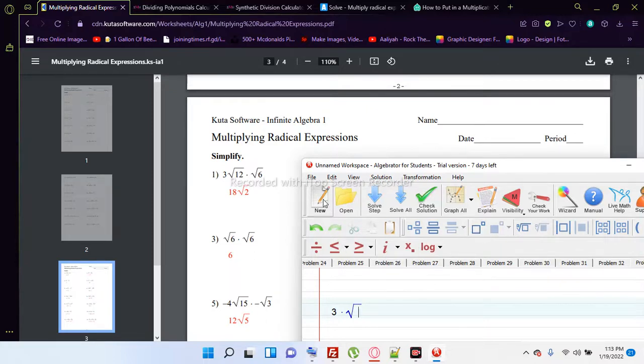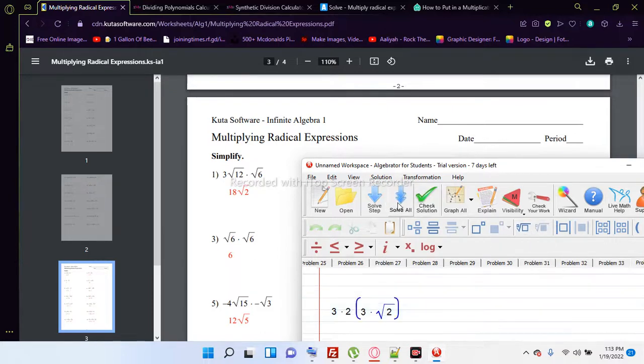We're getting there. So it's 3, radical 12, right? Click out front. There we go. Shift, asterisk, times a radical 6.